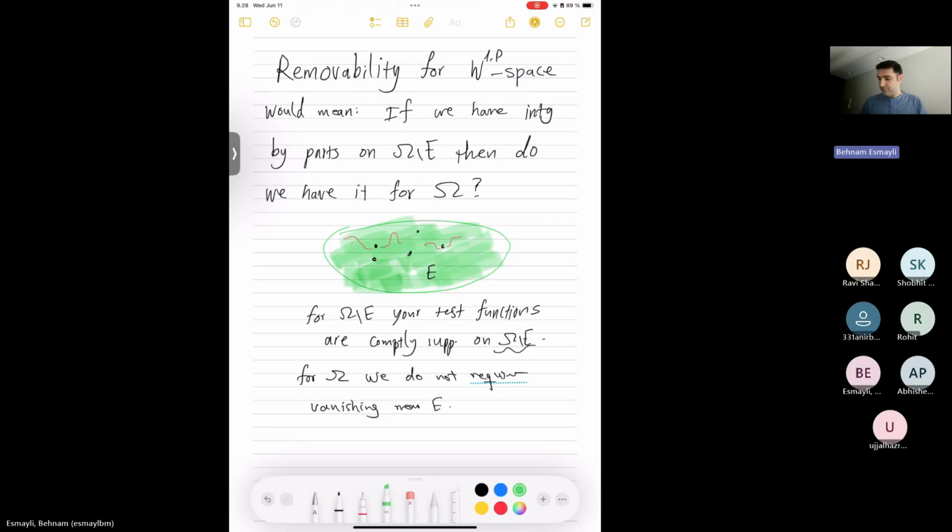So with W space, removability is basically asking, does integration by parts holding on the complement of E also imply it on all of omega?